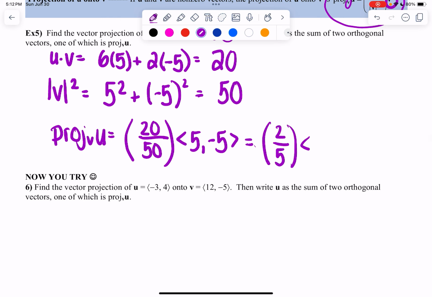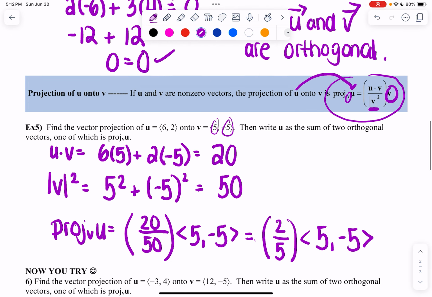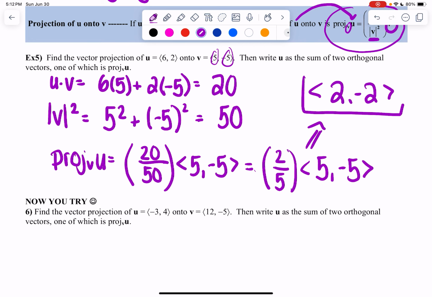And then we can use that property of a scalar from up here, where we can just multiply the scalar through. So 2/5 times 5 would just be 2, and then 2/5 times -5 would be -2. And so that would be your answer. That's the vector projection of u onto v.